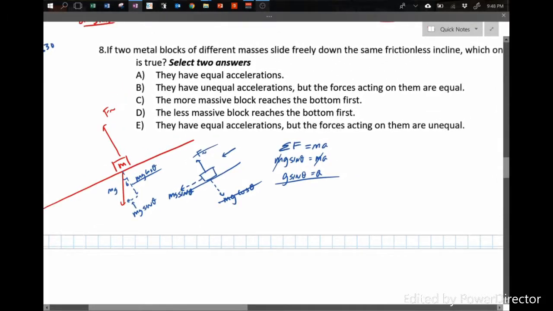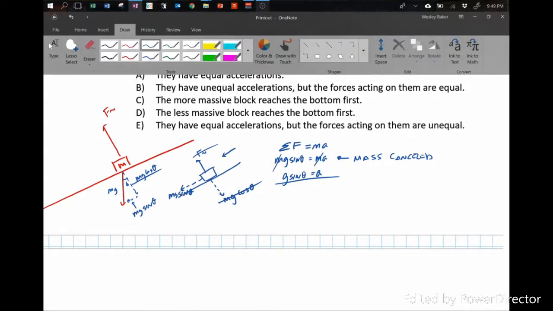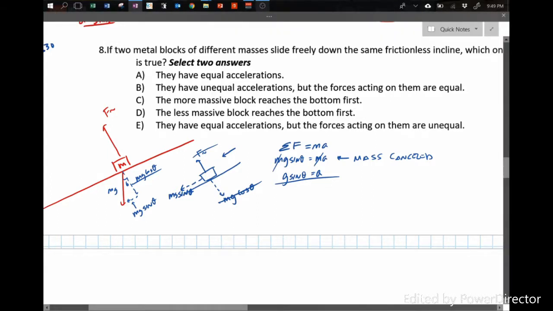Now, if we notice here, the mass canceled out. What that means, when the mass cancels out, is that the acceleration is the same for all masses.